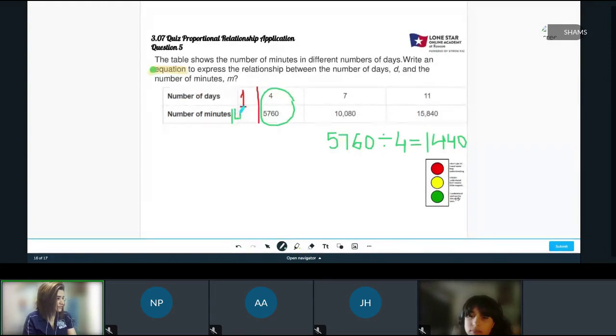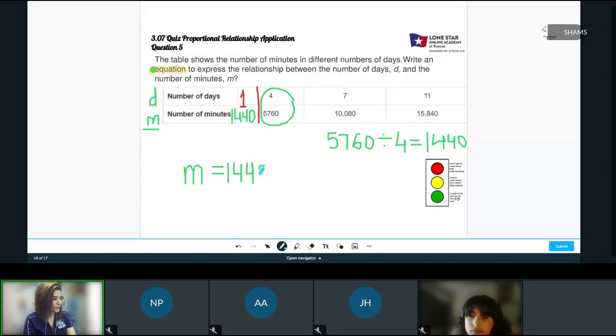And how will you express that as an equation? Let's see. These are the variables they have given you. They want you to use number of days as D and number of minutes as M. The equation always starts with the output, and the output is M. So M equals, you put in your unit rate 1,440 and then put the D. There you go, your equation is there.